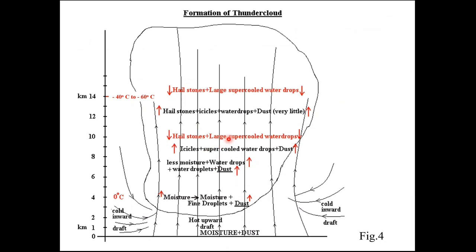Now this formation of upward and downward drafts gives the main zone of electrification, which takes place mostly in this region, where these two are mixing in a very, very rapid manner. The electrification takes place here.